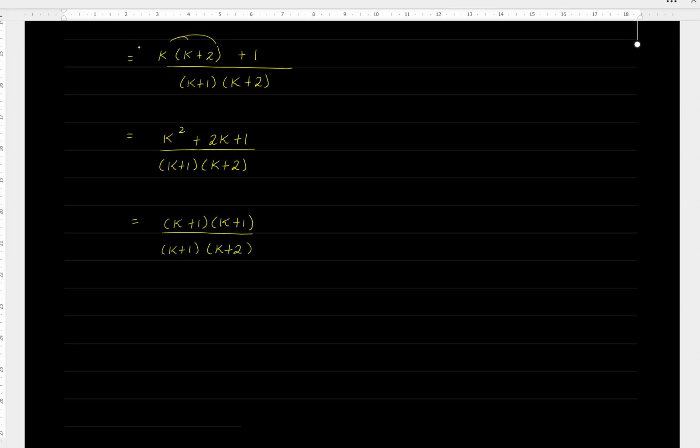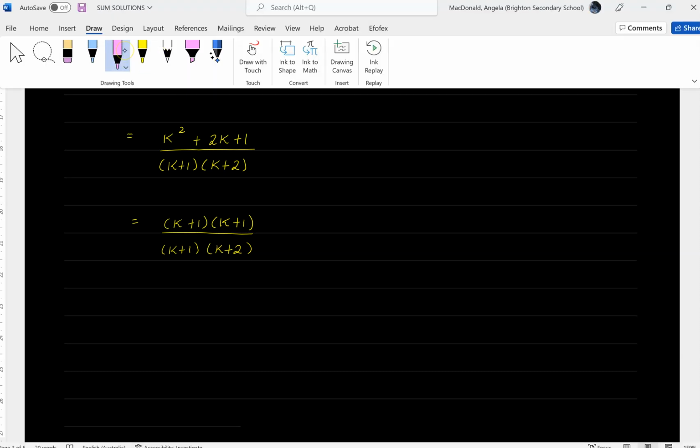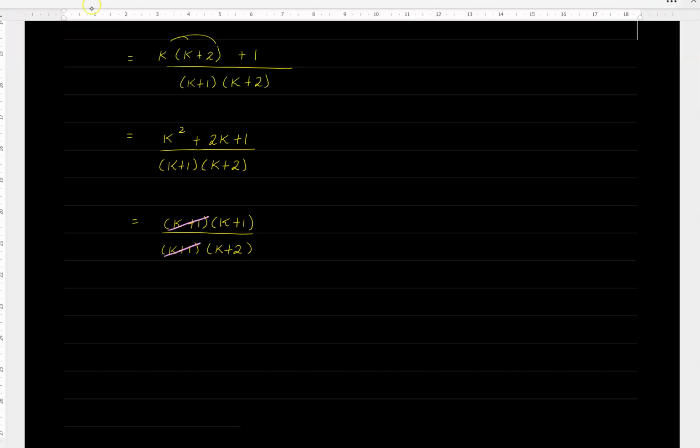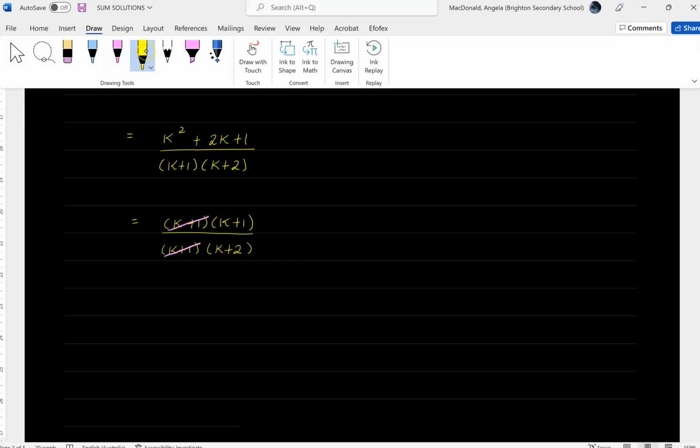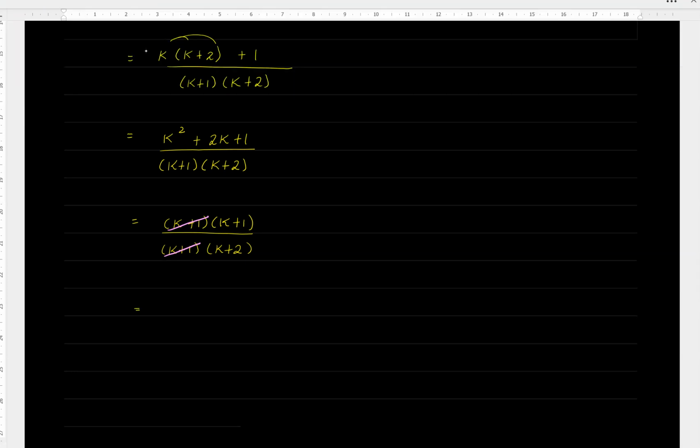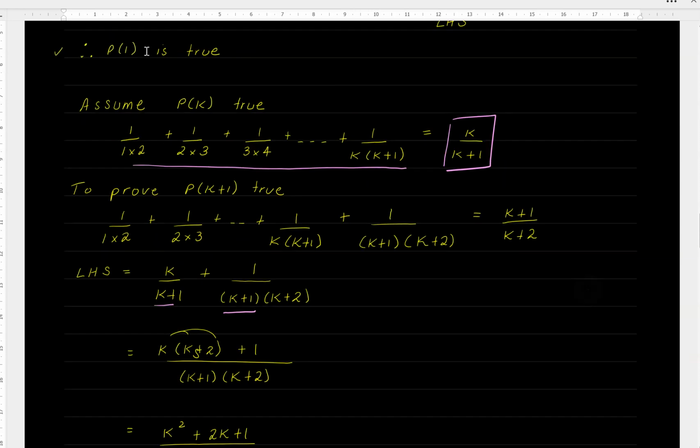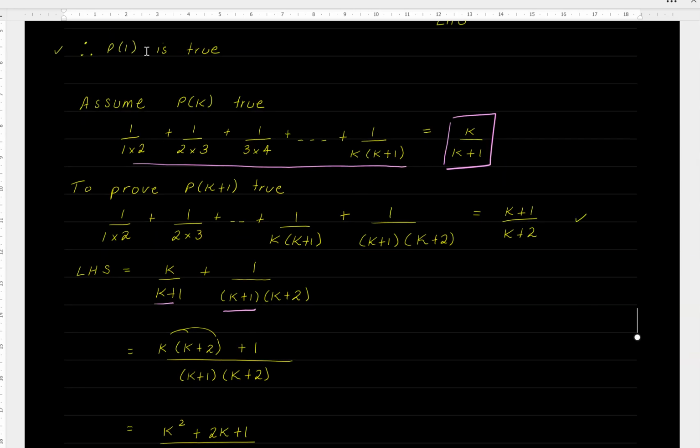And wouldn't you know it, we get to cancel out the k plus 1, the k plus 1. And so we are left with k plus 1 over k plus 2, and that just happens to equal the right-hand side. Okay, huzzah.